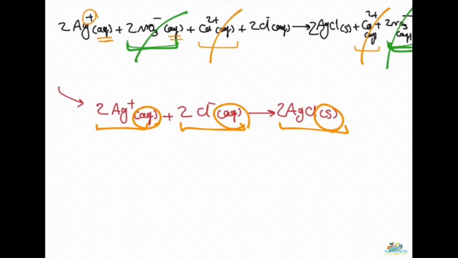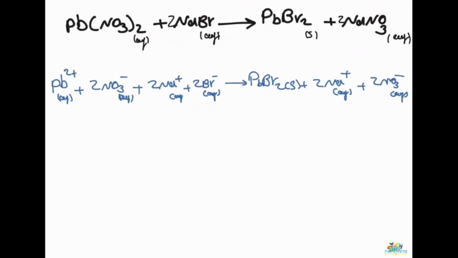Let's look at another example. In this example, we have Pb(NO3)2. As we see, the NO3 has this 2. It means clearly that our Pb charge was +2, and NO3, because we know that, is -1. For writing the expanded form, we will have one Pb2+ and two NO3-.